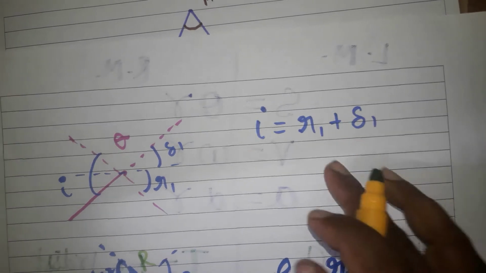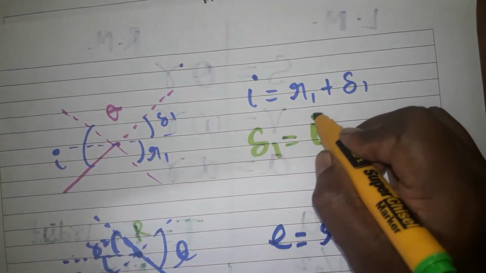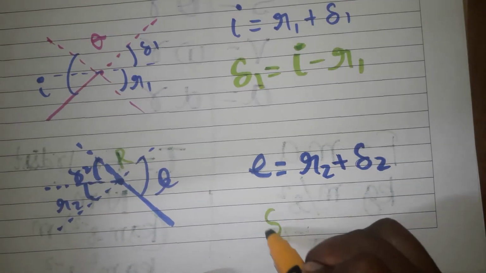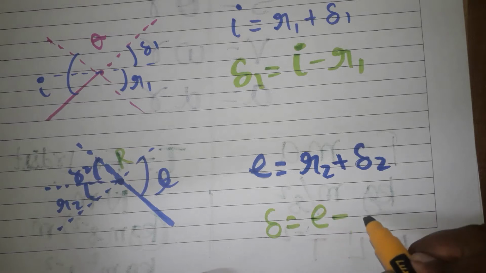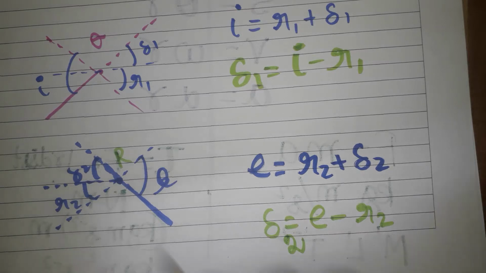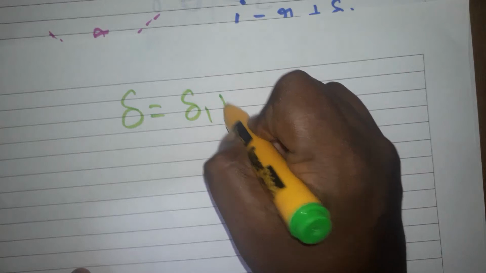Now deviation 1, what is deviation 1? Deviation 1 is equal to incident angle minus R1. What is deviation 2? Deviation 2 is equal to emergent angle minus R2. Now what is total deviation? Total deviation is equal to deviation 1 plus deviation 2.